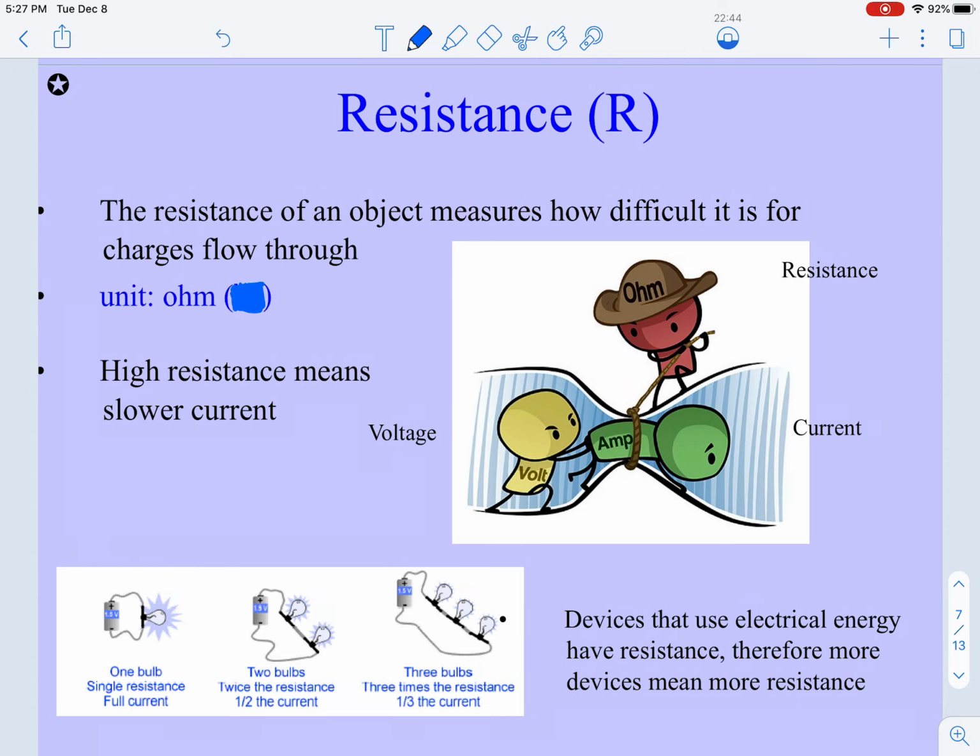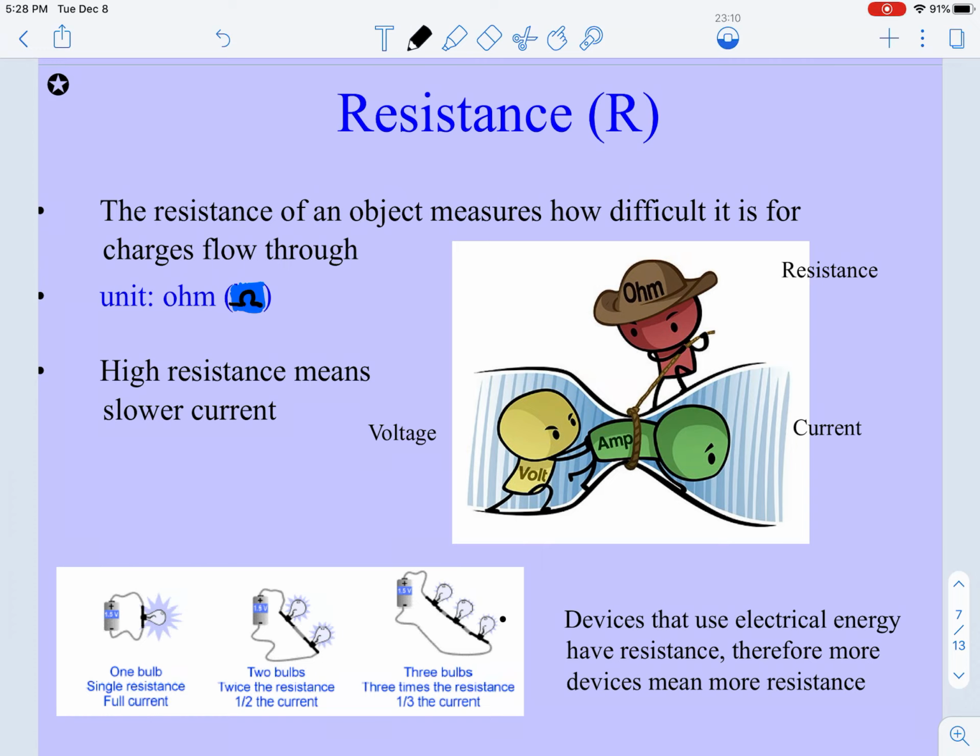Resistance is going to be measured in a unit called ohms, and I guess my Notability did not know how to process this symbol, so that is not the correct symbol for ohm. An ohm is our unit for resistance, and it looks something kind of like that, okay?